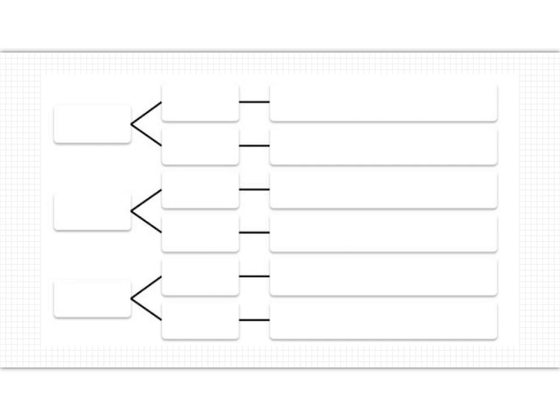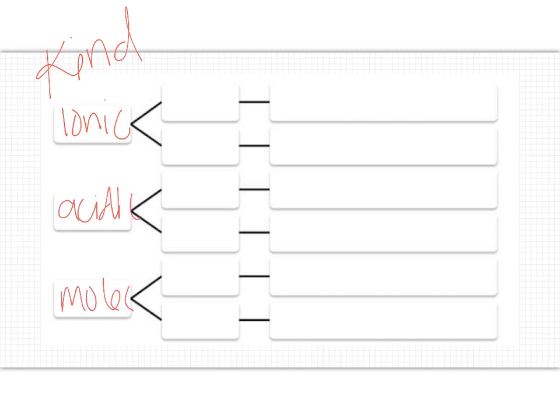There's a little table to try and summarize things here. You can go into the PDF notes to get a nice copy of this, but what we do to decide what's happening is decide what kind of compound it is. So we decide whether it was ionic, acidic, or molecular. When it was ionic, there were two considerations: was it soluble or insoluble?